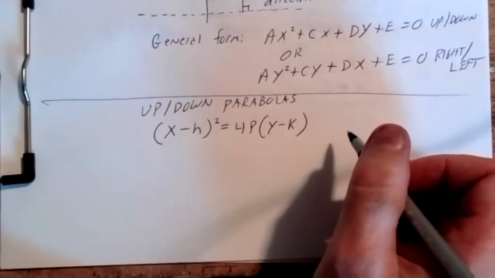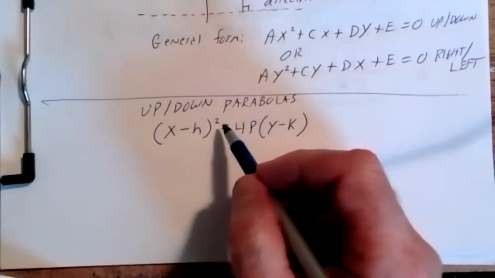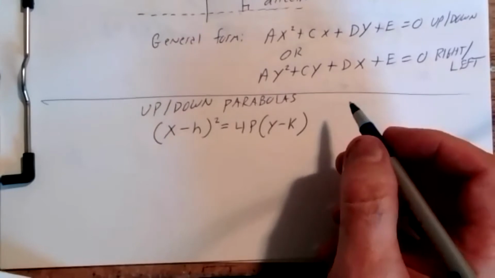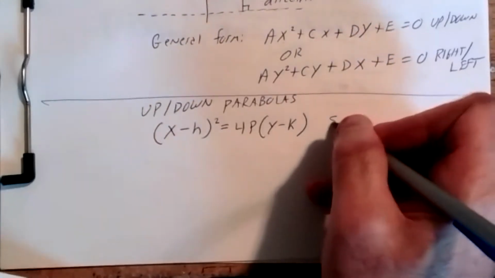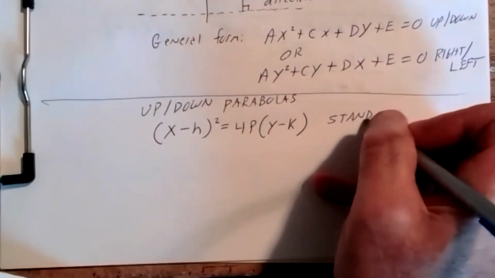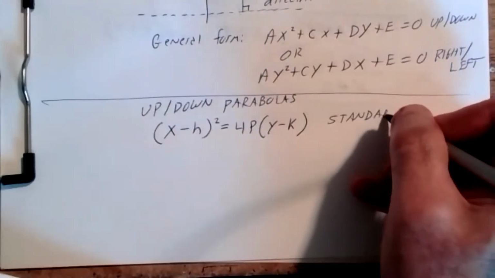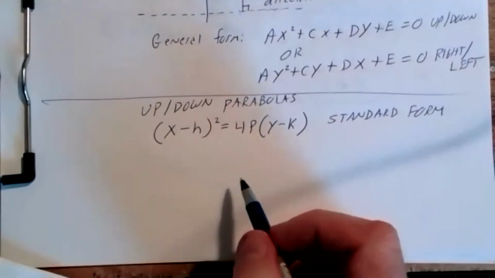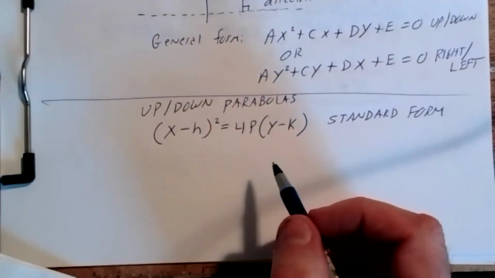Notice the x variable is being squared, but the y variable is not being squared. The y variable is to the first power. This is called a standard form equation. Standard form equation for parabolas that open upwards or downwards.